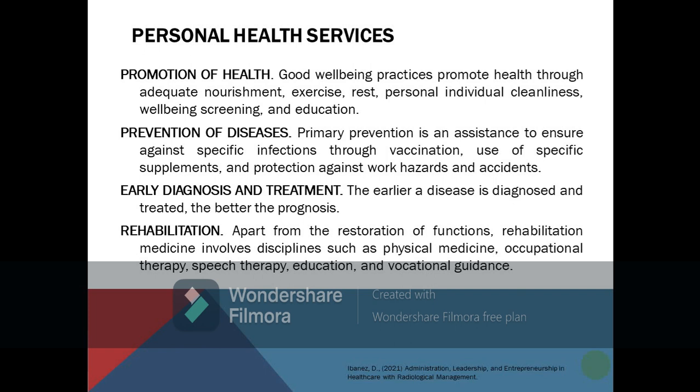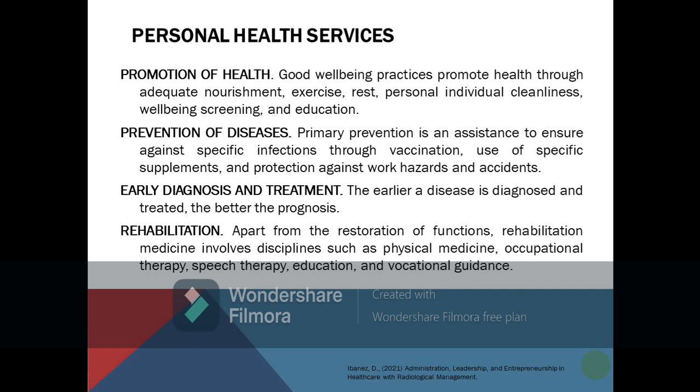Rehabilitation. The World Health Organization defines rehabilitation as the combination and coordinated use of medical, social, educational, and vocational measures for training or retraining the individual to the highest possible level of functional ability.